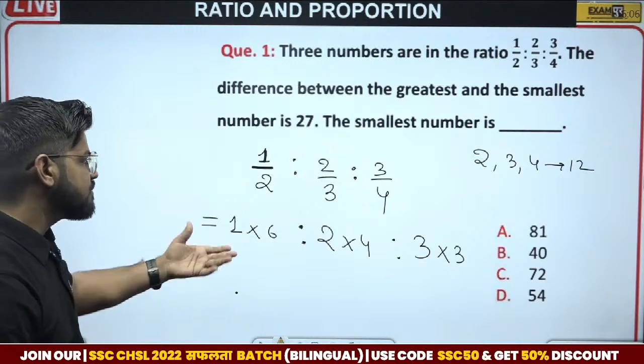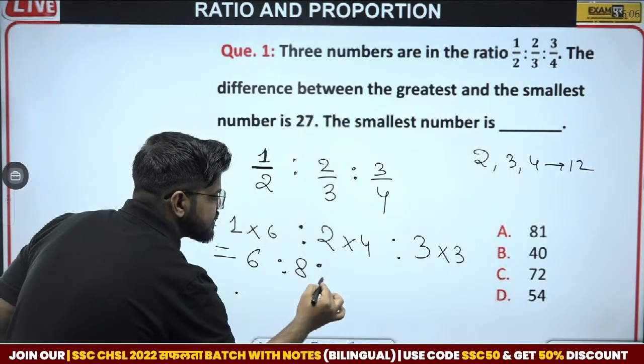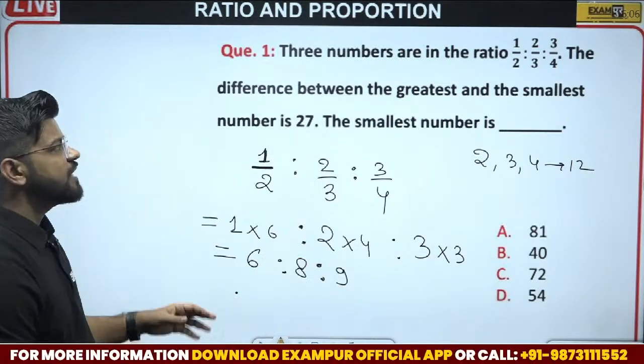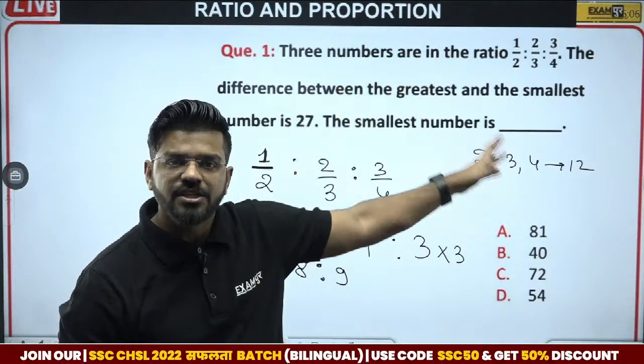So here we have the ratios 6:8:9. Finally we got the ratios for the three numbers that are given in the form of fractions.